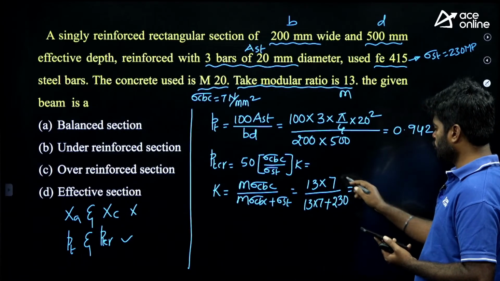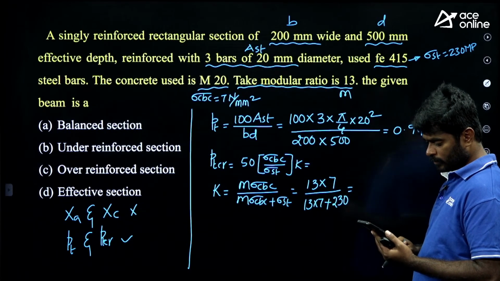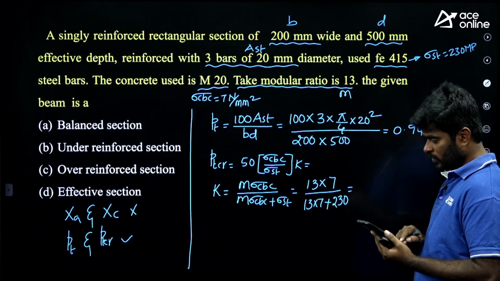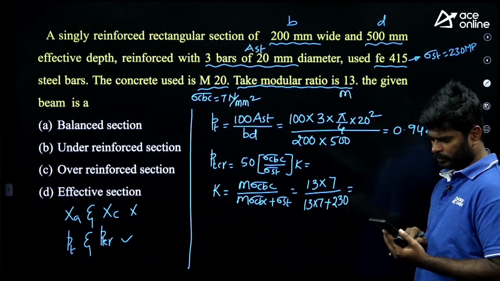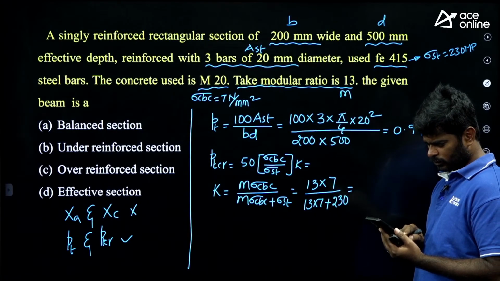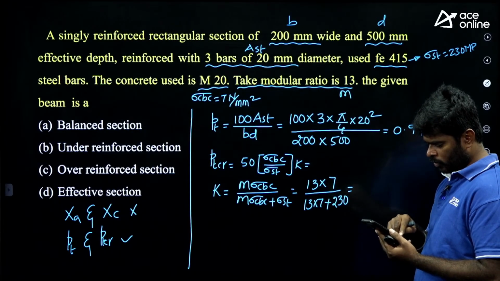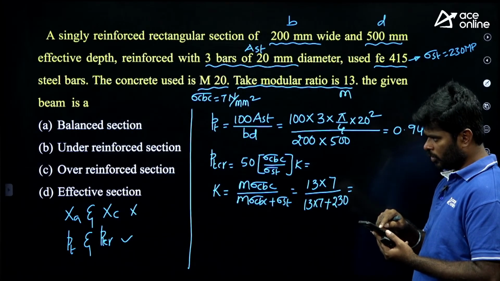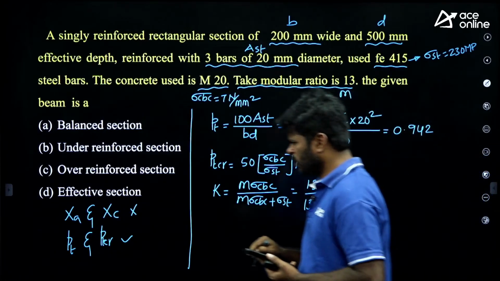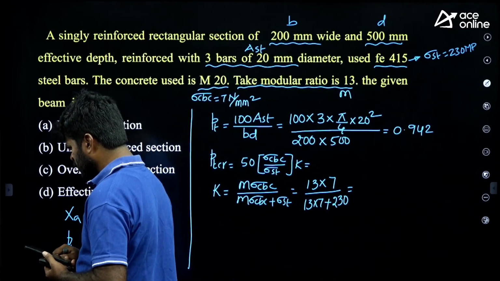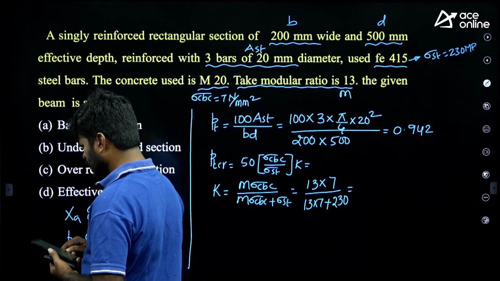Okay, meanwhile, few students, come on, do this. You are taking time. Okay, I will also calculate. Tell me if it is wrong. 0.942, Shivashankar.